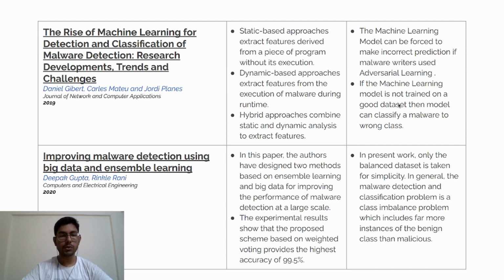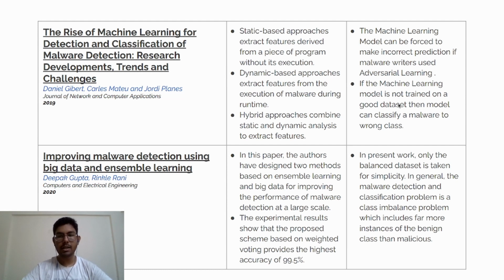The experimental results show that the proposed scheme based on weighted voting provides the highest accuracy of 99.5%. However, the disadvantages were in the present work, only the balanced data set were taken for simplicity. In general, the malware detection and classification problem is a class imbalance problem which includes far more instances of benign classes than the malicious classes.